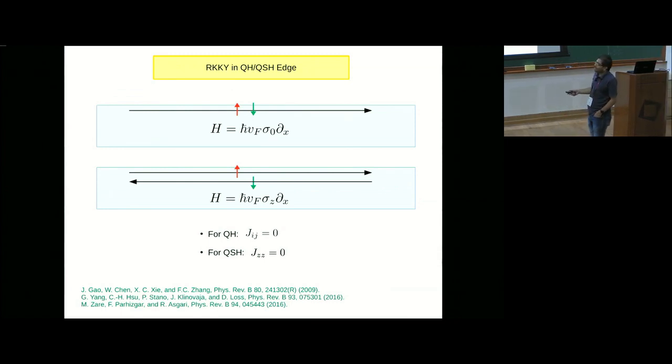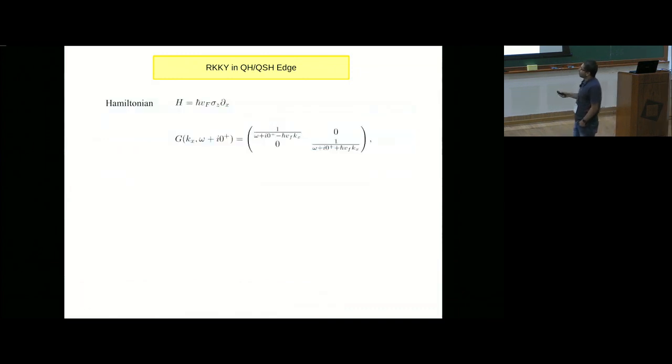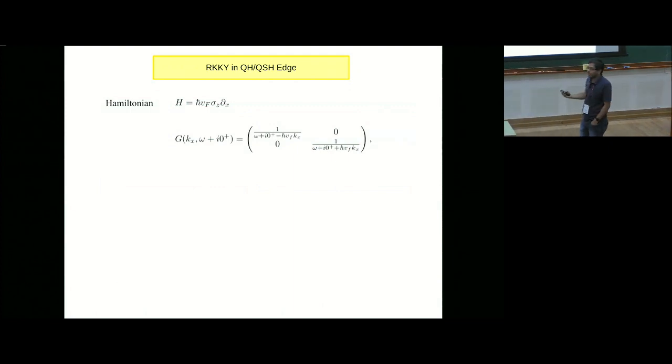And the Ising part of the coupling vanishes in the case of quantum spin Hall. This is a known result, and I will briefly tell you why. Okay, let's discuss a little bit of why it vanishes, because we want it to not vanish, and we'll see how we can circumvent the vanishing.